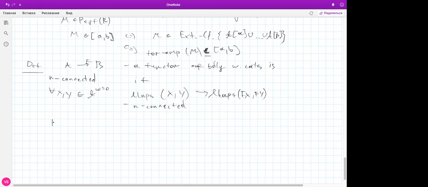Indeed, if we have a map of connective E1 rings, perf R to perf S is going to be unconnected as well.